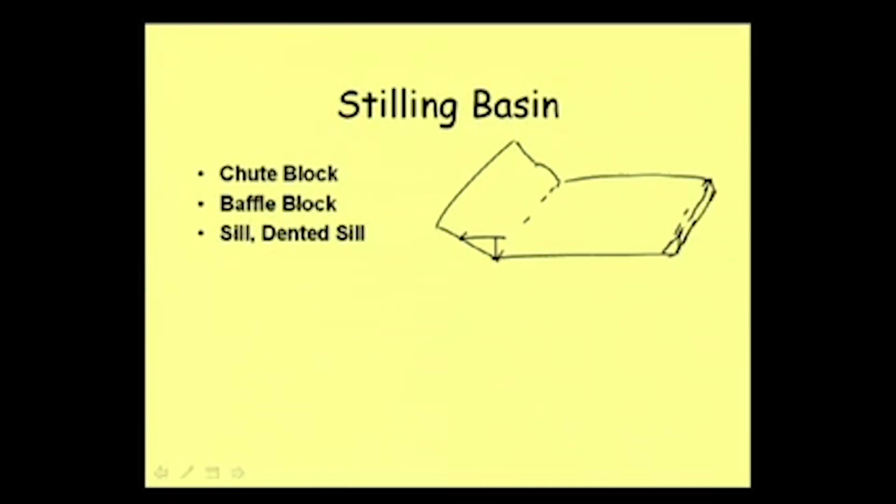At this end we provide a height like this, and then here we are providing some blocks of this sort. And some more blocks are there, of course, and these blocks are called chute blocks.